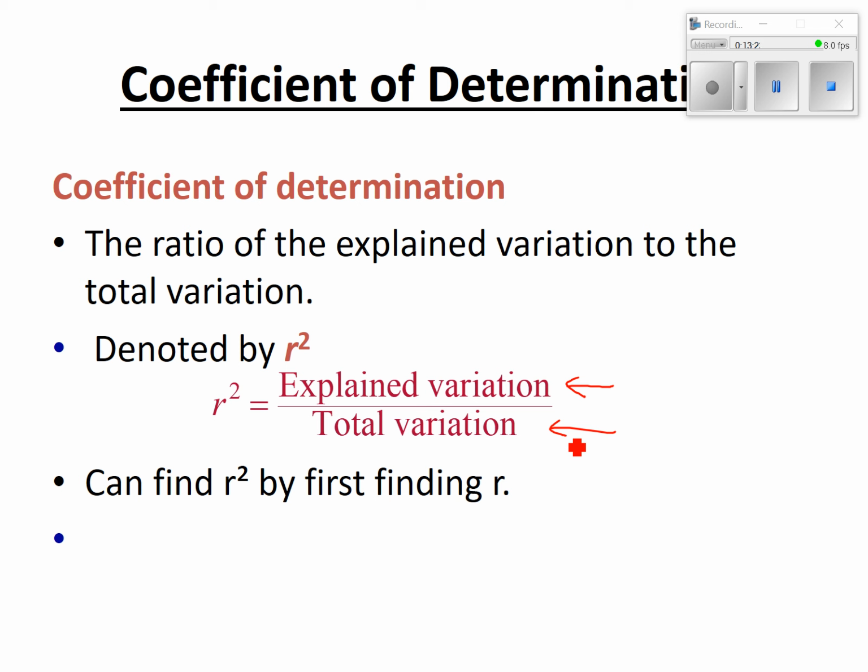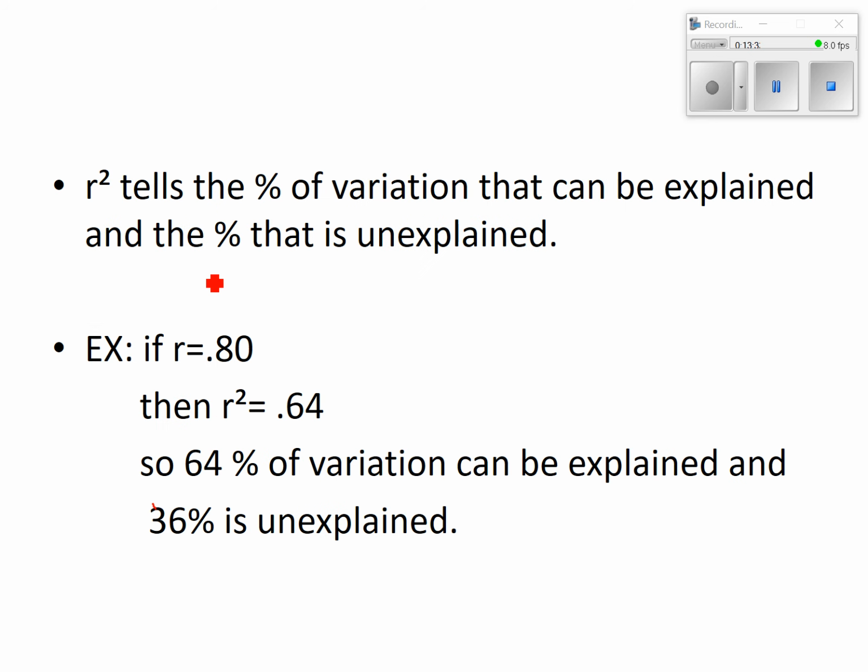And again, what this R squared tells us is how much of the variation can be explained and how much can't. So R squared tells you the percentage of variation that can be explained and the percentage that is unexplained. Example here, if our R was 0.80, we square that and we get 0.64.